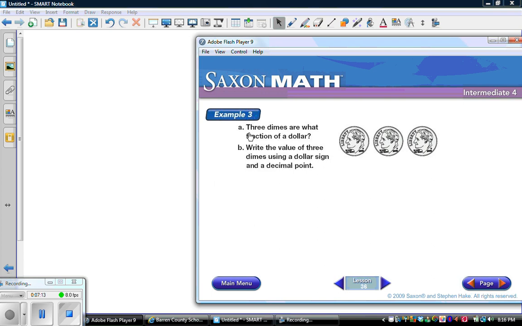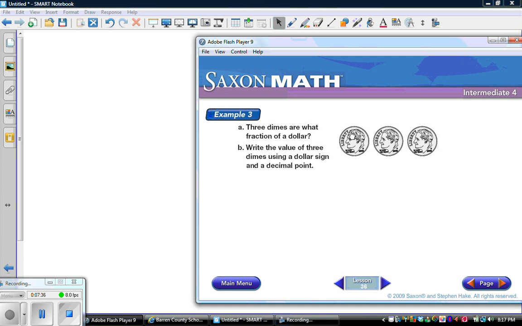Example 3. Here's where it gets a little tricky. 3 dimes are what fraction of a dollar? And normally I would say, okay, 3 dimes, that's 30 over 100, right? And that is correct, but it's not what we call in simplest form, or the simplest way to say it where people will understand.